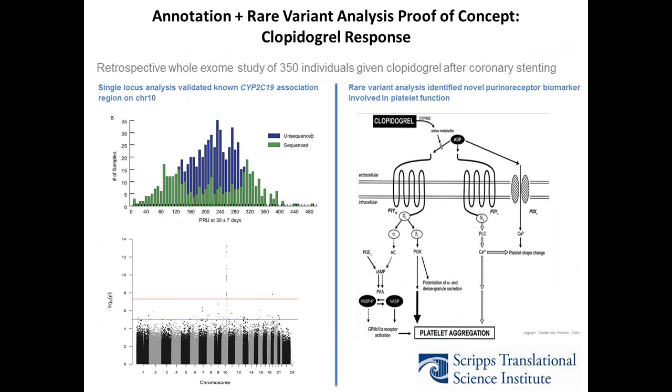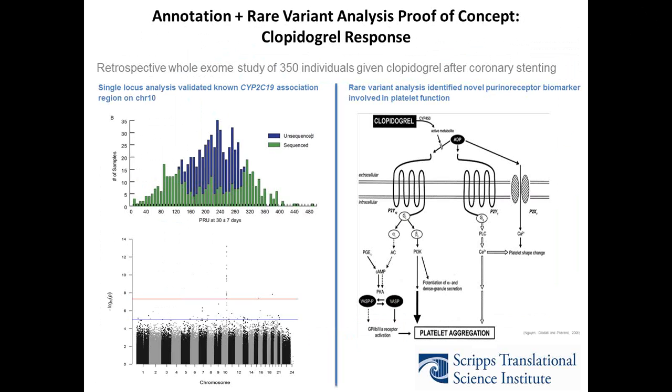And so then from there, in the set-based analyses, you use annotation to prioritize rare variants that are more or less likely to be functional, combine them into gene-based sets, and then there's a series of burden-based statistical tests that you can apply. And we identified another P2 receptor.